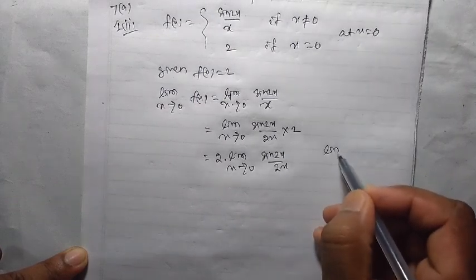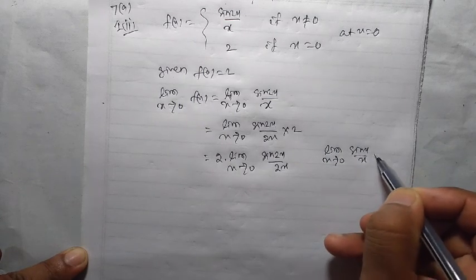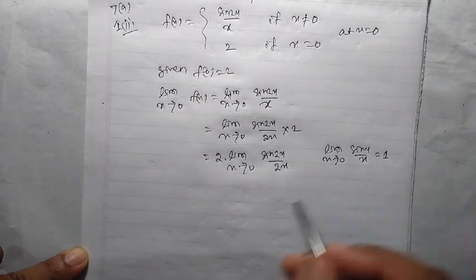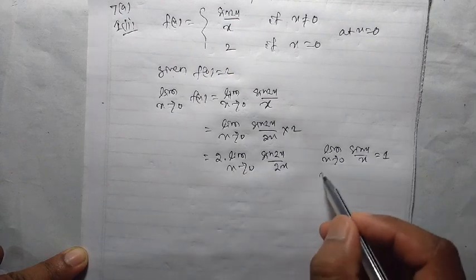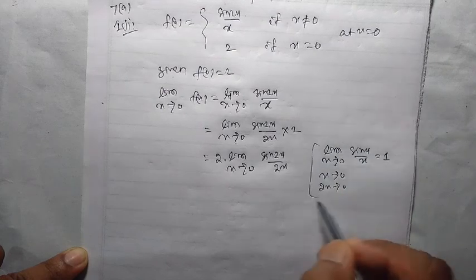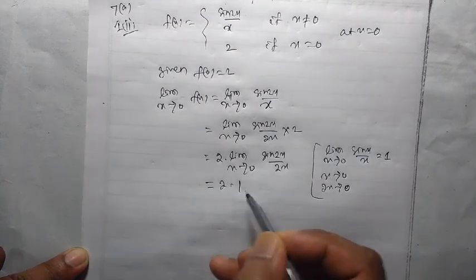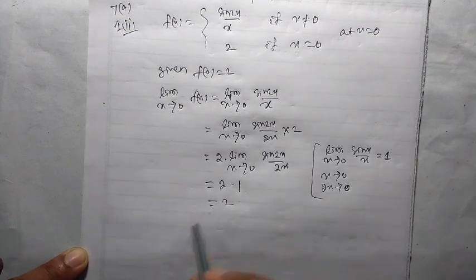You know that limit x tends to 0 sin x by x is equal to 1. When x tends to 0, 2x also tends to 0. So this is equal to 2 into 1, which is equal to 2.